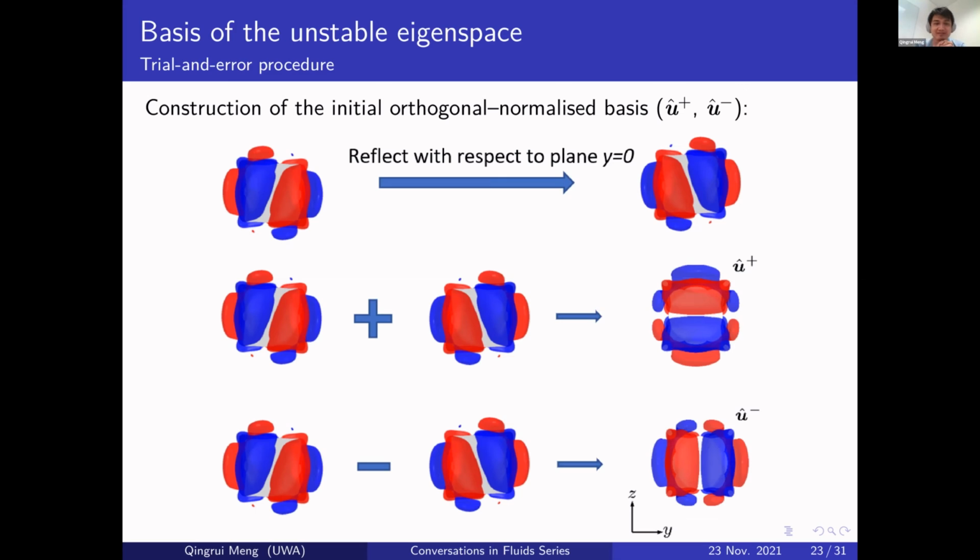And if we subtract the two eigenfunctions, we get another one, which we mark U minus, with two vertical opposite-sign vortex tubes. By this construction, we find U plus and U minus are orthogonal to each other. If we normalize them, we get a set of orthonormal basis functions.